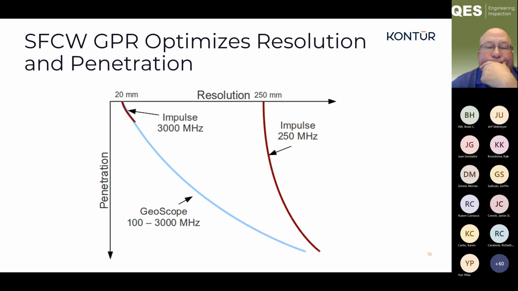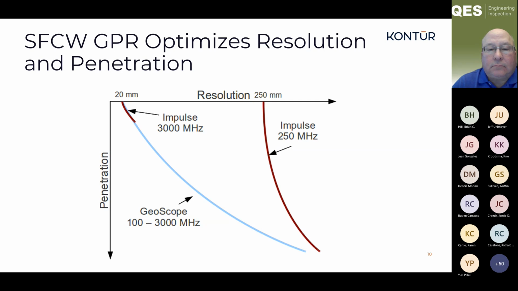Just to give you a little bit of a sense on this issue of high frequency, low frequency. On the upper left side of this graph, you see that red sharp line. That would be a high frequency 3 gigahertz antenna. While I get very good resolution with that antenna, because of the high frequency, the penetration in the pavement is very limited.